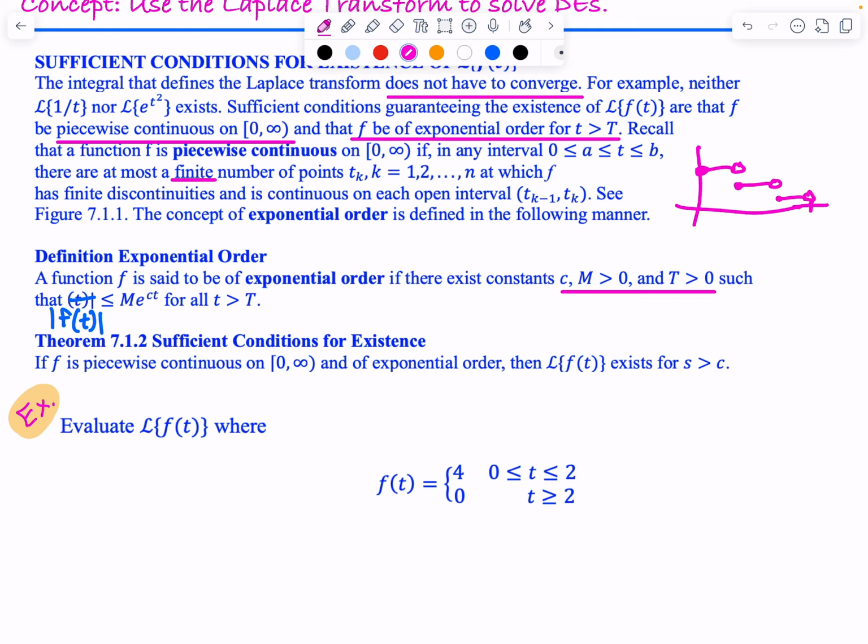You take the absolute value of your function and bound it by m times e to the ct, where c is any number, and you say your function is always under that for t bigger than capital T. So it doesn't have to hold all the time, just for t above big T. Sorry for my dog barking. These are the sufficient conditions for a Laplace transform to exist.